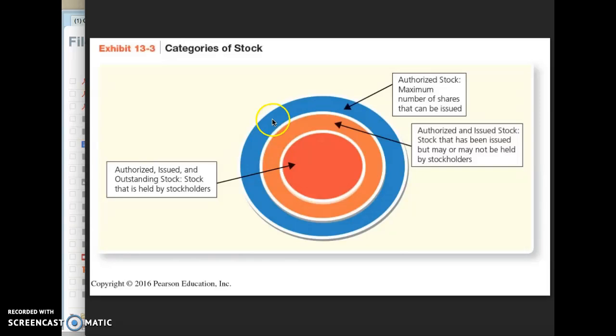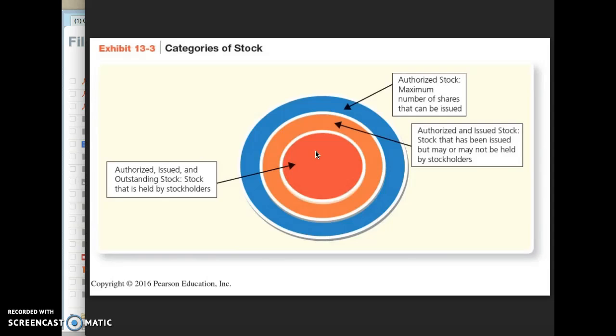For example, this blue circle there symbolizes the total number of shares that you are allowed to issue. You're not definitely going to issue all those shares that you are authorized to issue. So that's a bigger circle. And so if you actually issue some of those shares, then you are here in this red circle, a subset of the blue circle.